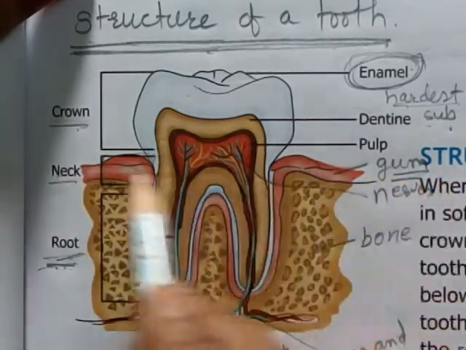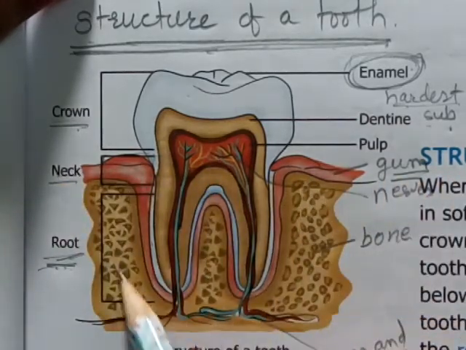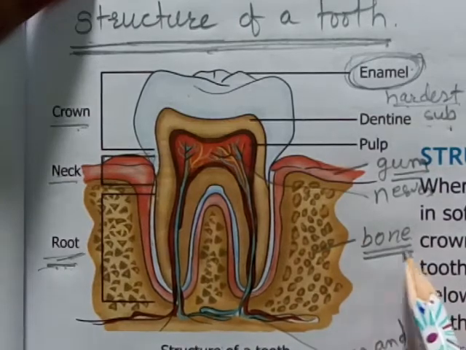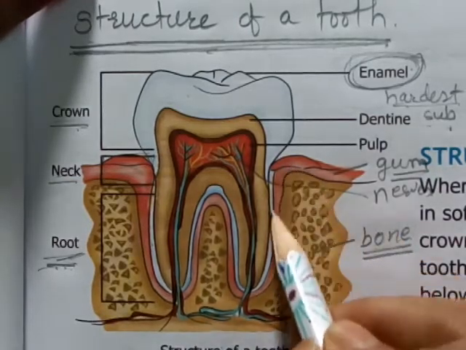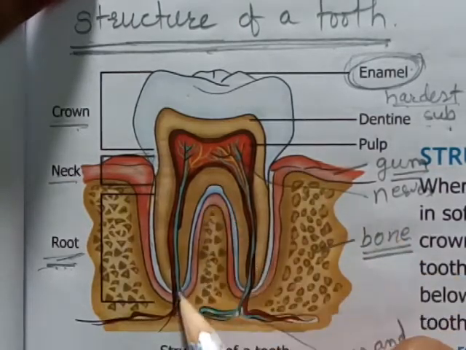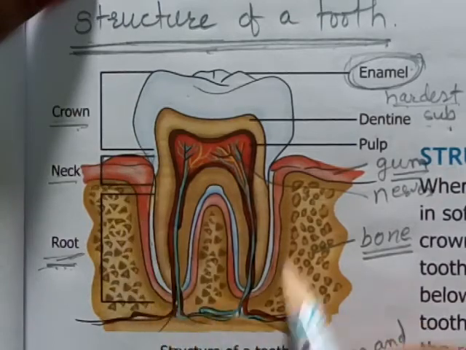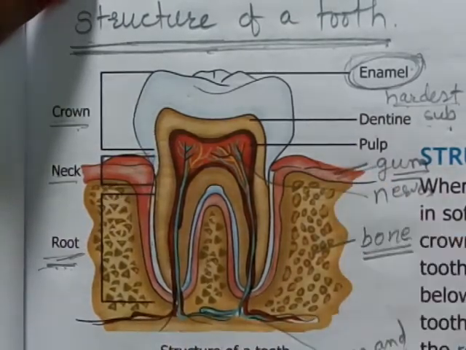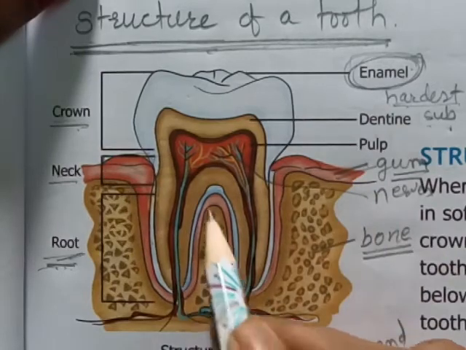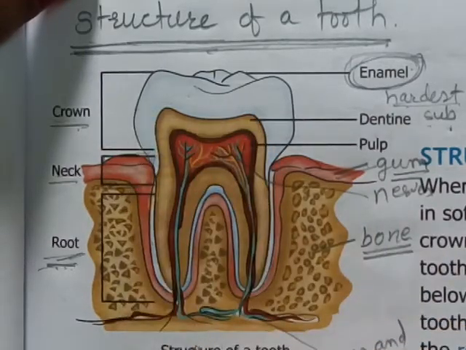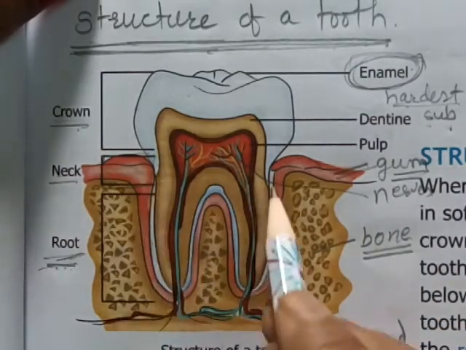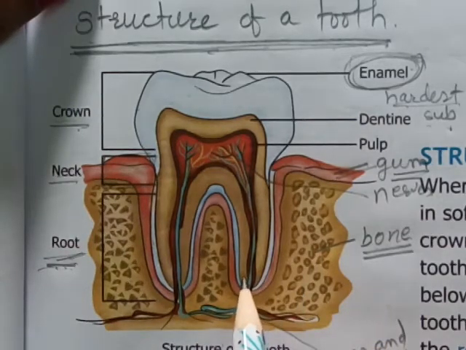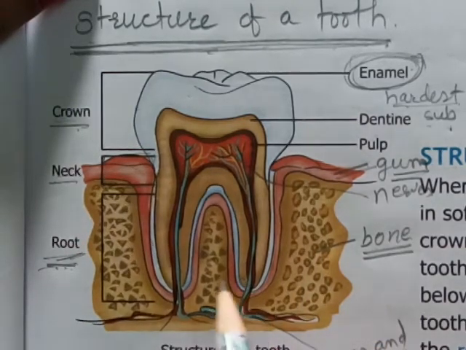This is the bone, this brown part you can see here, and above the bone is soft tissue, and this tissue makes the gum. These gums hold the teeth.